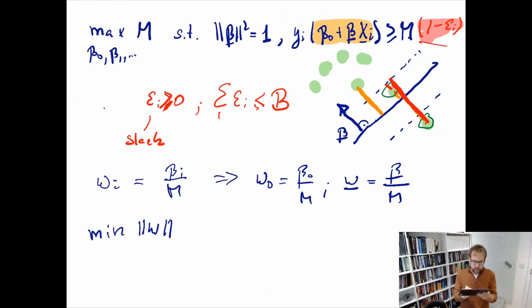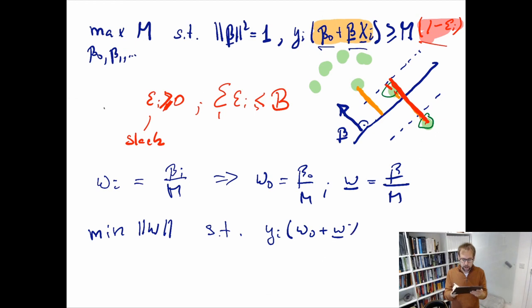I'm only left with the second constraint, but now I can take the second constraint and divide it through by m. If I take this relationship up there and divide it by m, I get beta_0 divided by m and beta vector divided by m, but this is just omega. So I get omega_0 plus omega vector times x_i bigger or equal to 1 minus epsilon_i.